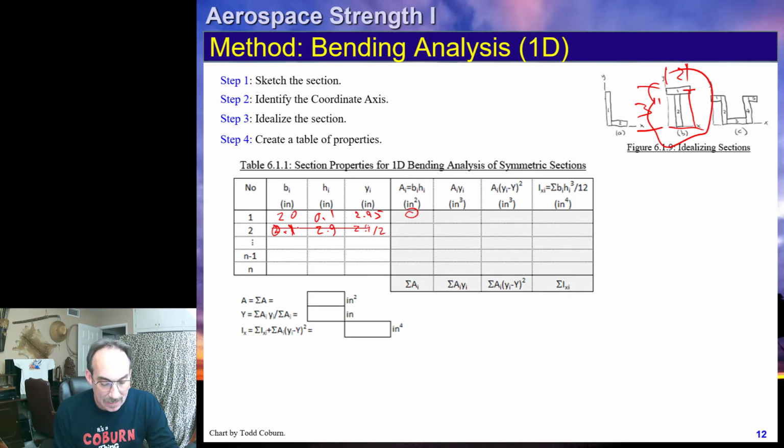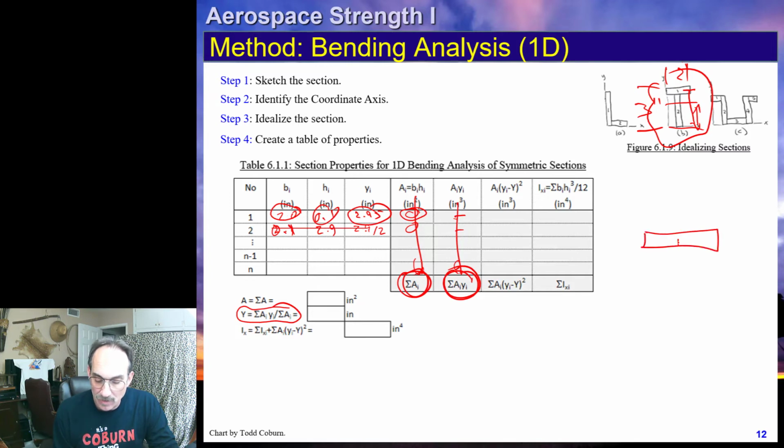We then calculate the area, which is just this times this, and the area of this. We take the area for this column and multiply by that y bar. We then sum this column, and we sum this column, and we divide this by this, and that gives us the y bar of the section. That tells us where the y bar is relative to our coordinate system.